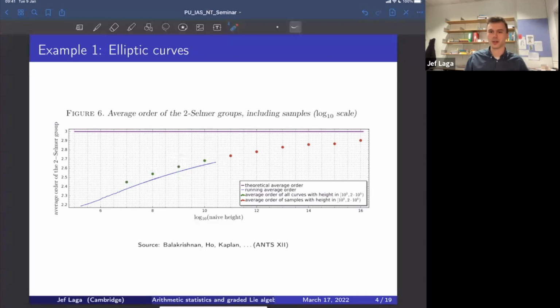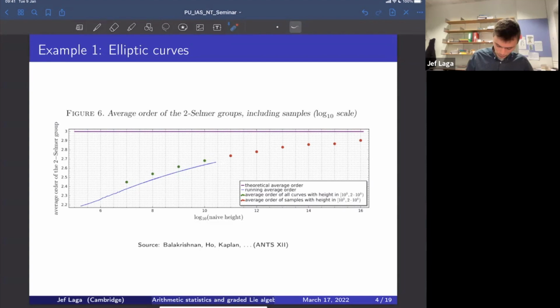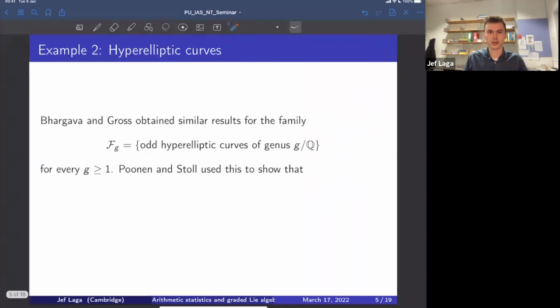Okay, I forgot to say, but if you have any questions or comments during my talk, please feel free to interrupt. So, all right. Let me move on to the second example, and that's of higher genus curves, namely odd hyperelliptic curves of genus g. Soon afterwards, Bhargava and Gross obtained similar results for the 2 Selmer group of the Jacobians of such curves.